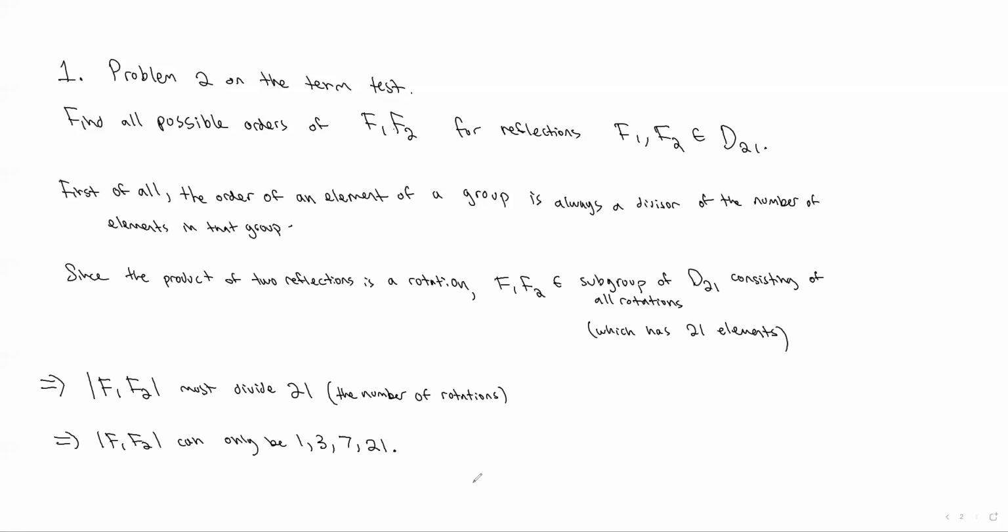They don't occur by default. So why do they all occur? We have to show that 1, 3, 7, and 21 all actually occur as an order of some F1, F2.